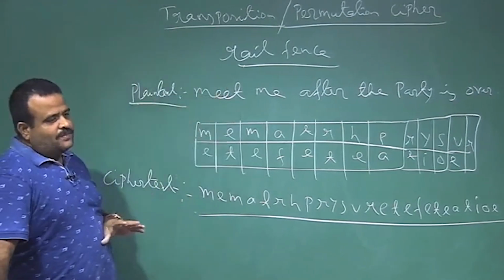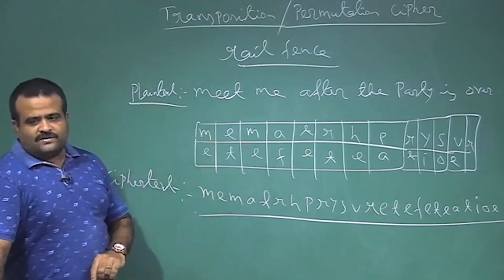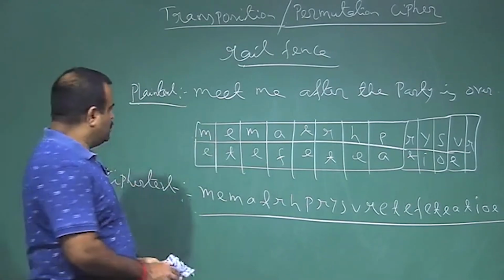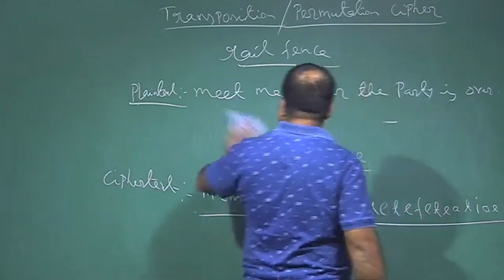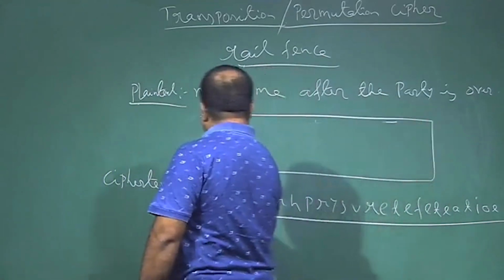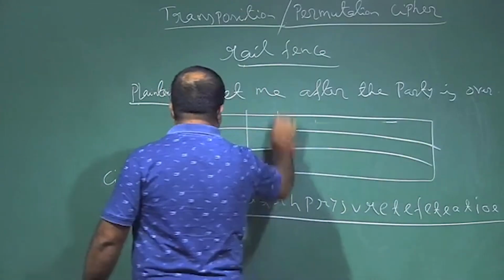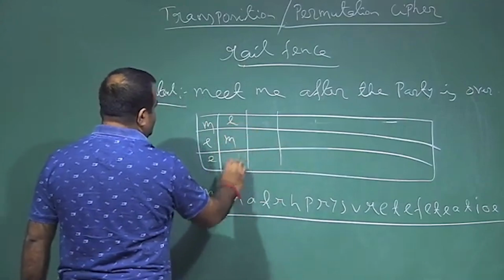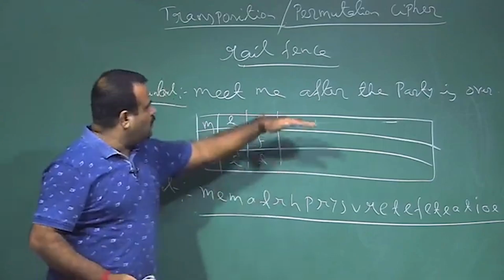This transposition cipher is coming from this idea. Instead of a 2 by 2 order, we can have 3 by 3 also, or 4 by 4. If it is 3 by 3, we will put it like this, M E E T M E A F T, and we will read row wise.